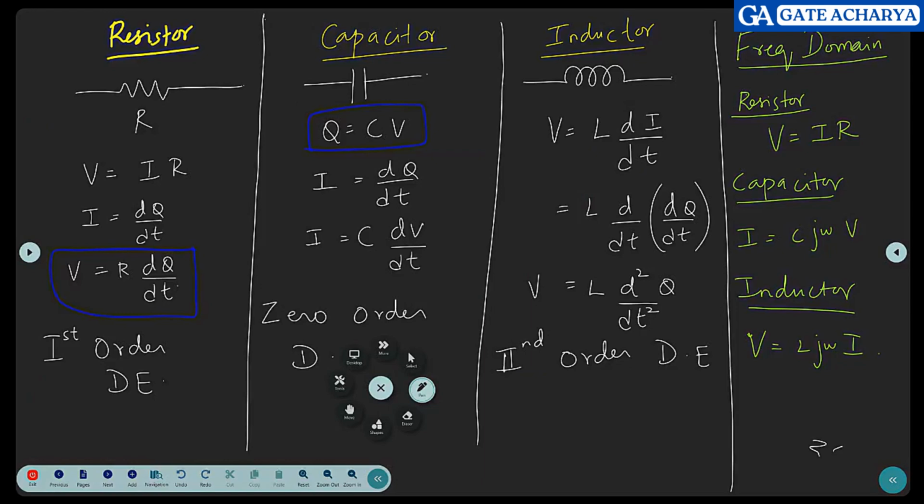I'm only interested in V and I. So you should be very careful. I'm interested in Q only when you talk about this kind of system. Why am I interested in Q for this kind of system? I'll come back to it a little later. For now, I just want you to understand that I'm interested in these forms of equation, the green color ones, when you push into frequency domain.